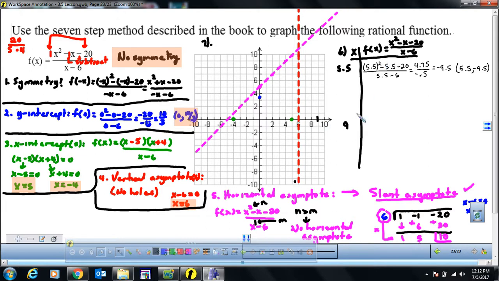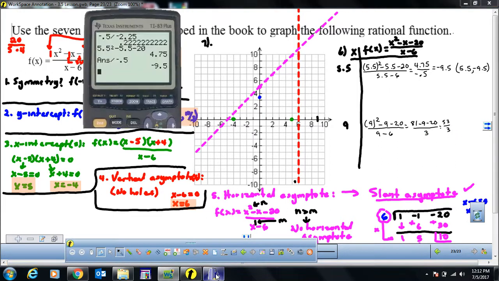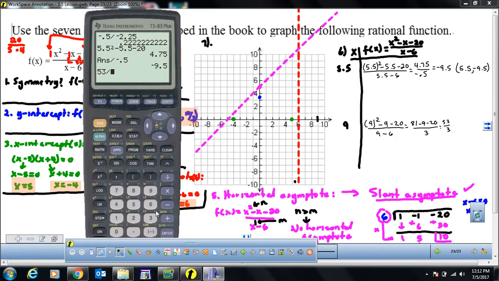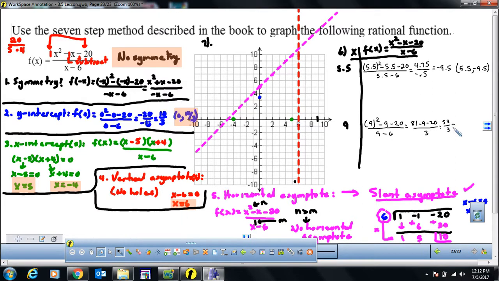Now on the other one, if I put a 9, it is 9 squared minus 9 minus 20, everything over 9 minus 6. That's going to be 81 minus 9 minus 20 over 3. 81 minus 9 is 73. 73 minus 20 is 53. Then 53 divided by 3 is 17.6, so this is approximately 17.6 or 17.7.